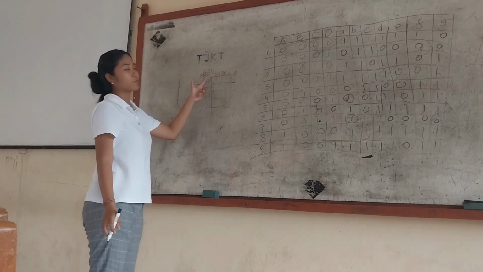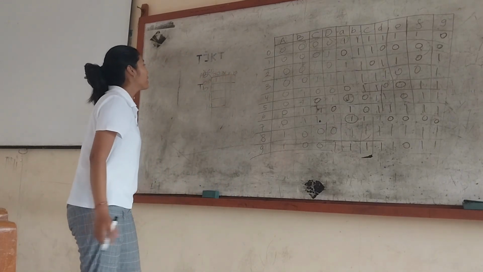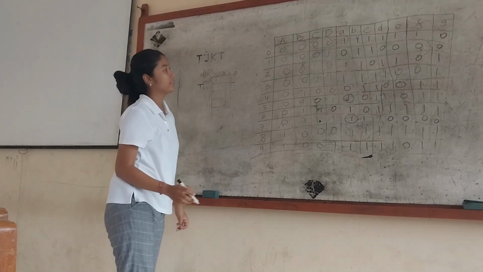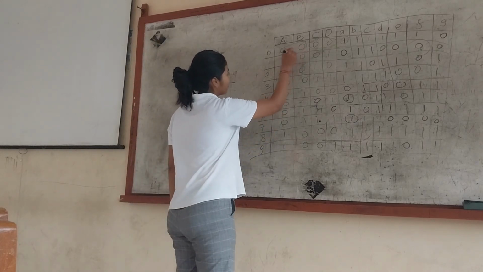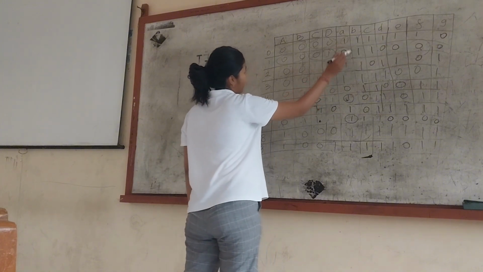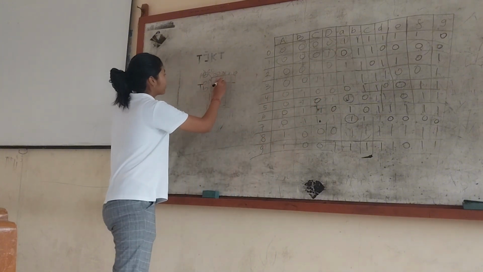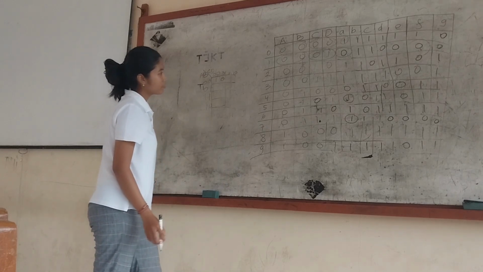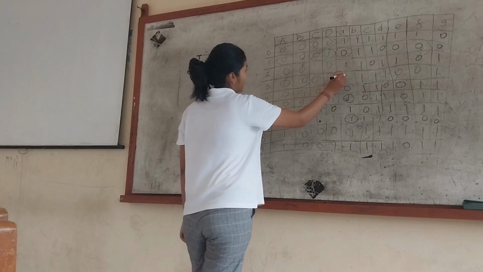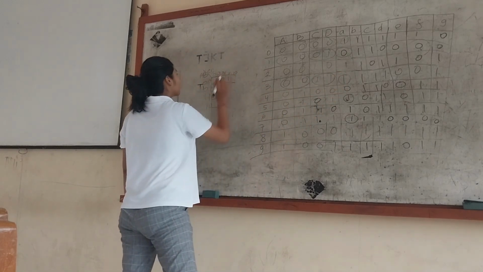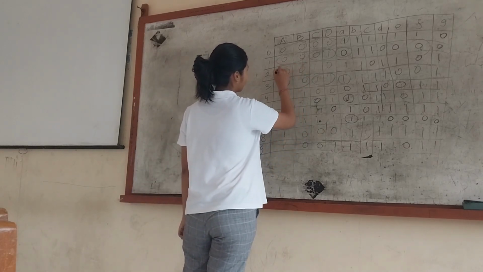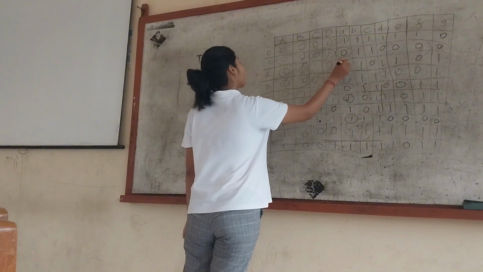We can write 1 here. If A and B are 0 0 and C and D are 0 1, the value of A is 0. So 0 0 1 1, value of A is 1. 0 0 1 0, the value of A is 1.